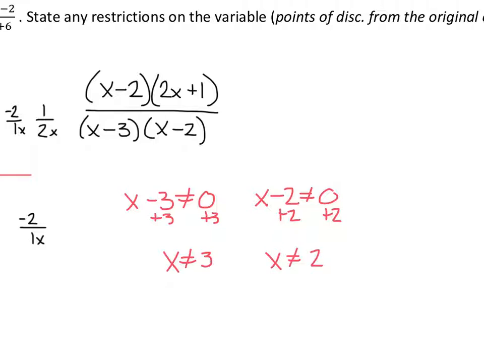Now we can cancel up here, x minus 2 and x minus 2. So our answer is 2x plus 1 over x minus 3. X cannot equal 3 or 2.